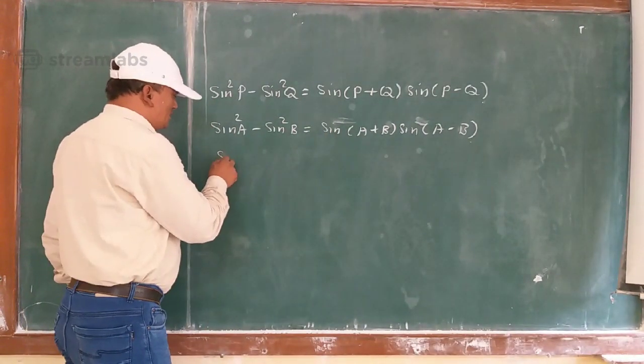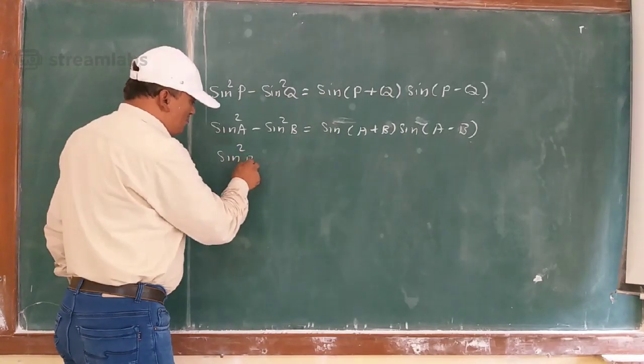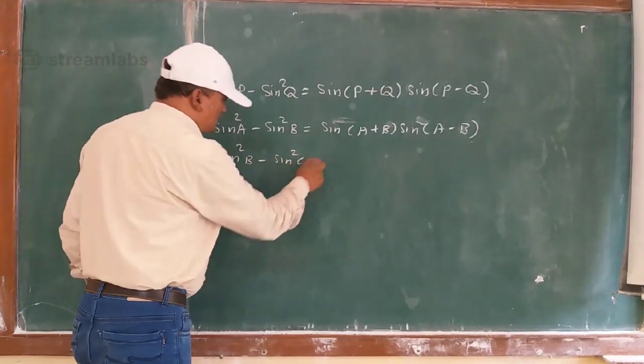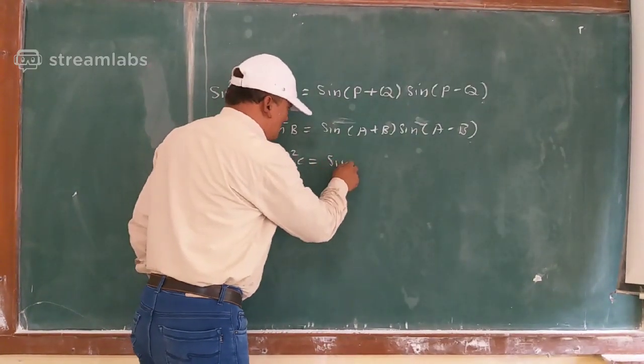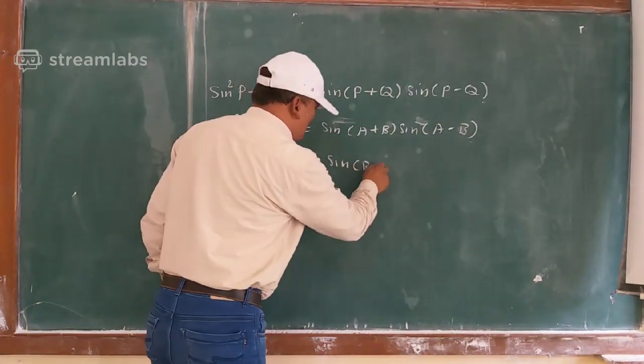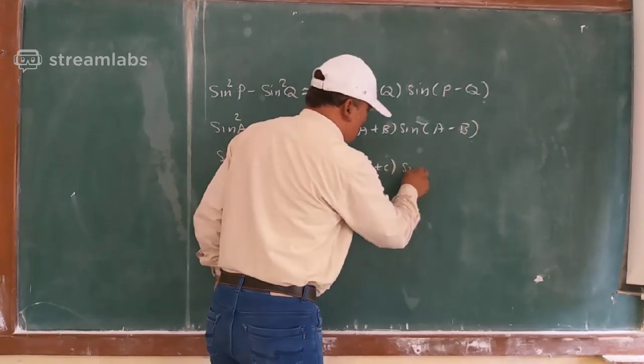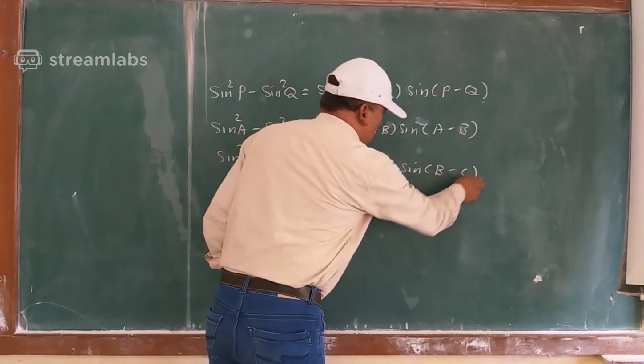Like that, if there is sin square of b minus sin square c, the answer is sin of b plus c sin of b minus c.